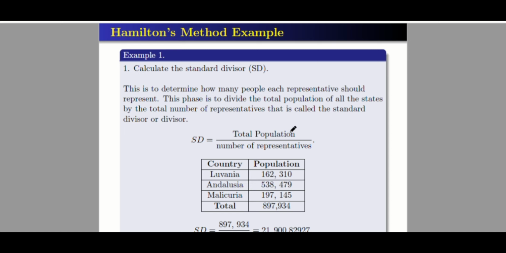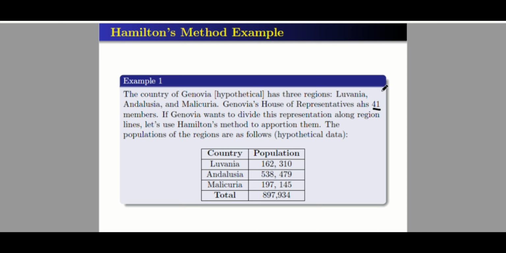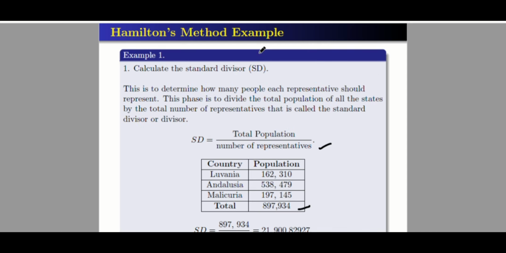So the total population is divided by the number of representatives, or the things that should be divided. Here the number of representatives is 41.